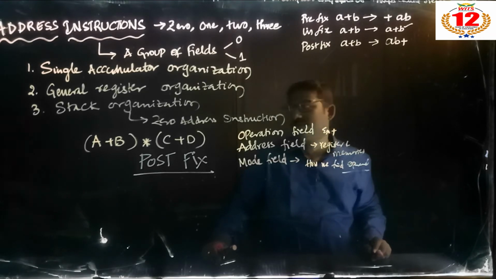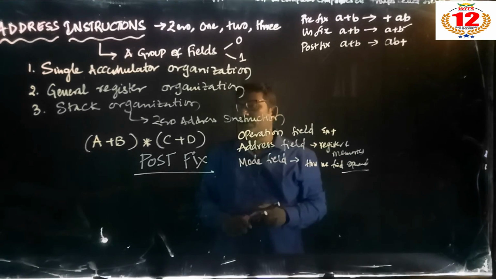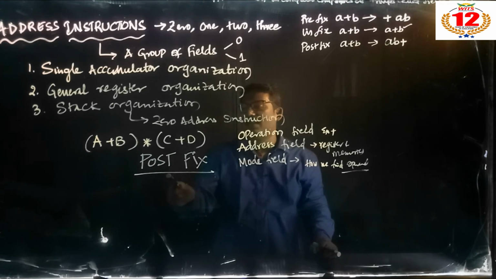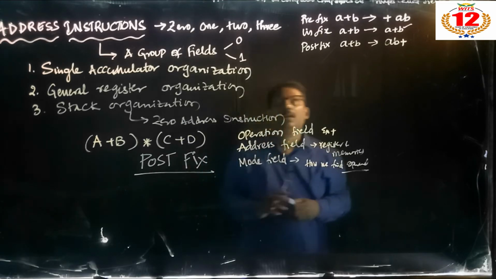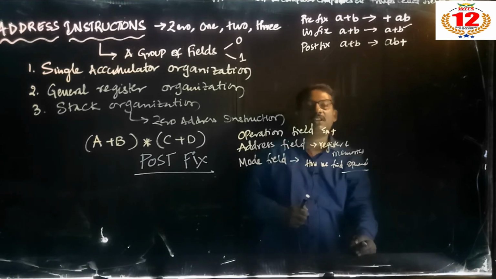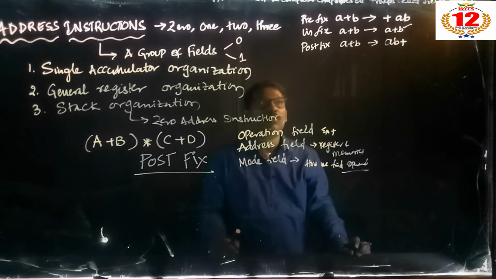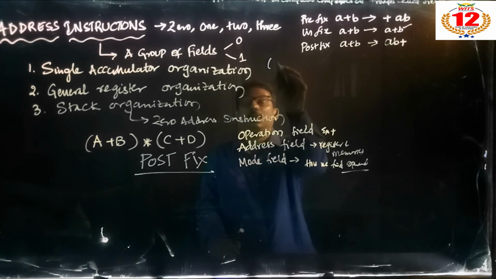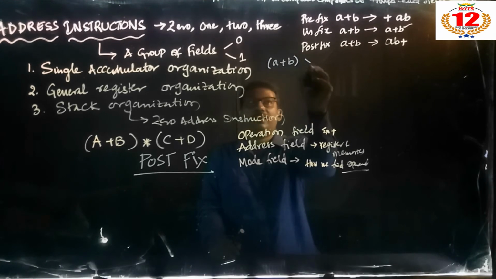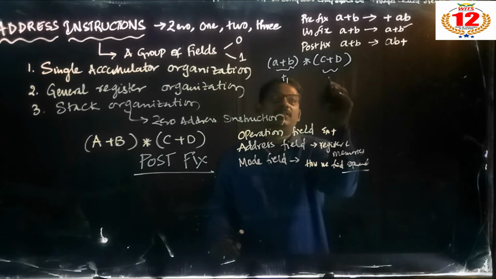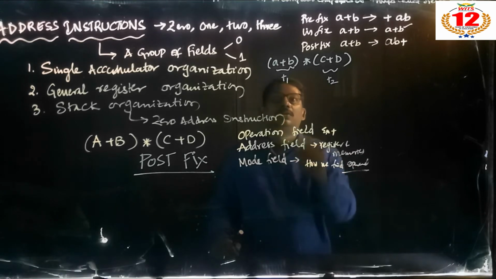So what we have to do is the calculation for A plus B into C plus D in postfix. First I will do a general method where you can understand easily, then using the stack. In the general method, A plus B asterisk C plus D. This is T1, this is T2, then star.